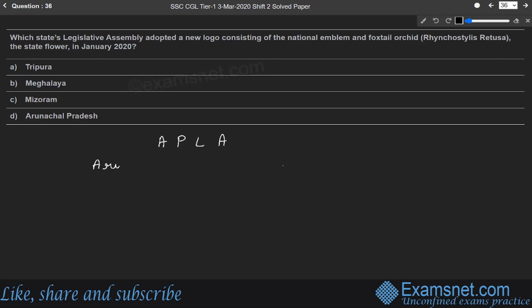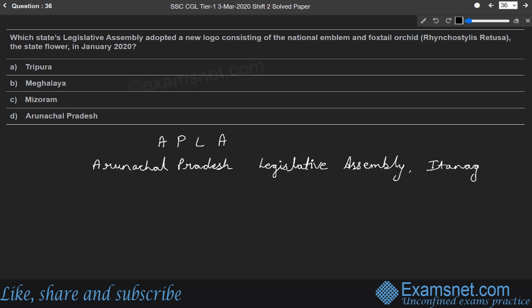It is the Arunachal Pradesh Legislative Assembly. It is located in Itanagar, and this legislative assembly adopted a new logo that is reflecting the distinct identity and culture of the state.